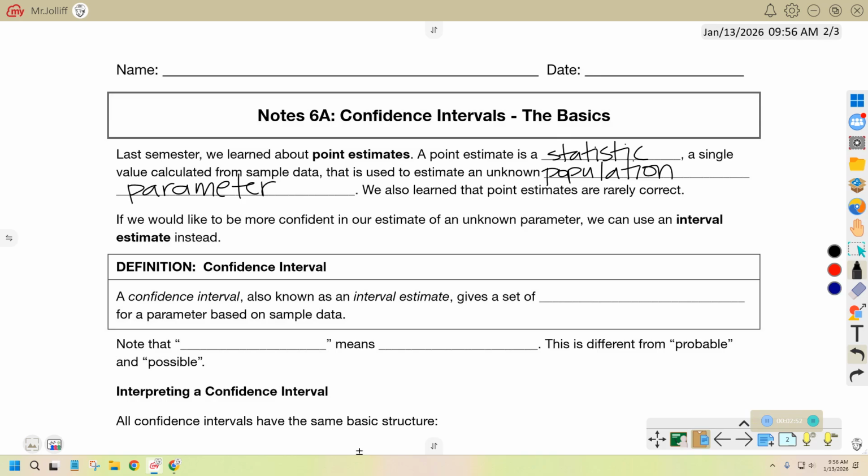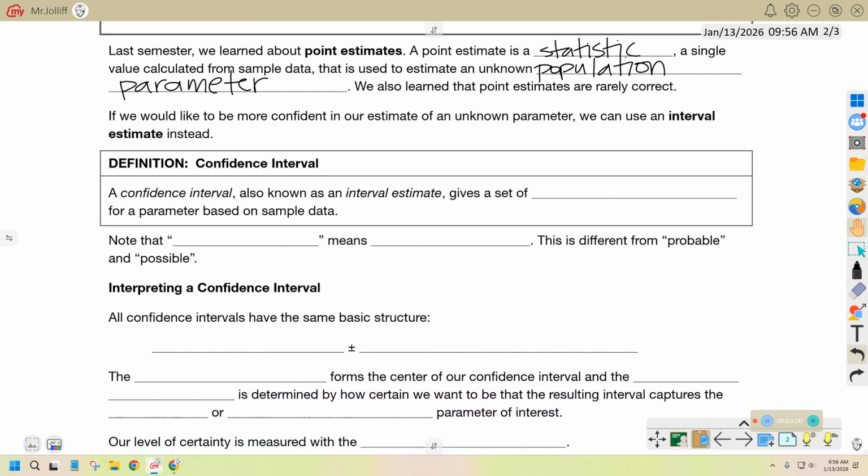We're going to use those point estimates, and then we're going to go out in either direction to form a range. So the interval estimate we're using is called a confidence interval, and it gives a set of plausible values for an unknown parameter based on sample data.